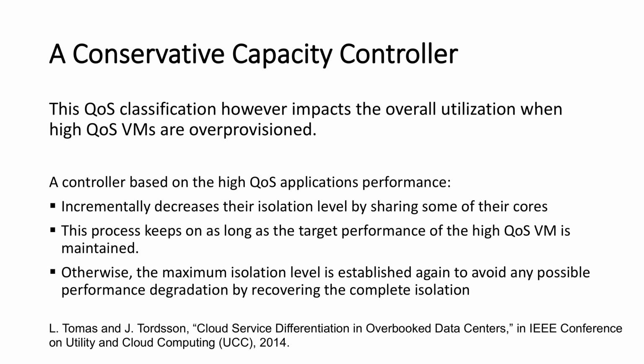More specifically, at every control interval where a high quality of service VM is behaving better than needed, an extra physical core allocated to it will be shared with the low quality of service VMs. This process keeps on as long as the target performance of the high quality of service virtual machine is maintained. Otherwise, the maximum isolation level is established again, recovering the complete isolation to avoid any possible performance degradation.